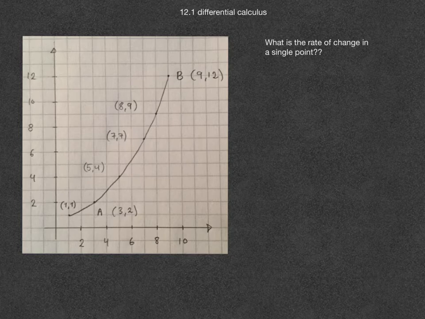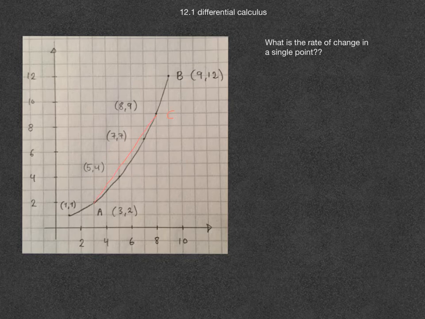So we're going to imagine what is going to happen when we edge closer to A. And we could draw a secant from a point C up here with coordinates 8 and 9.